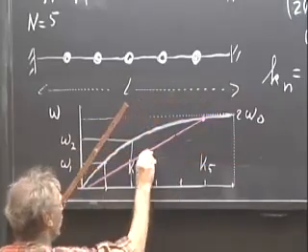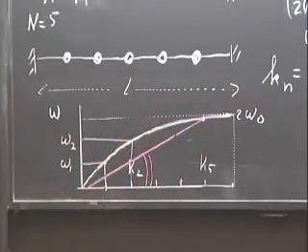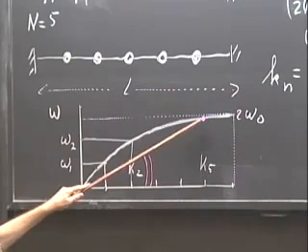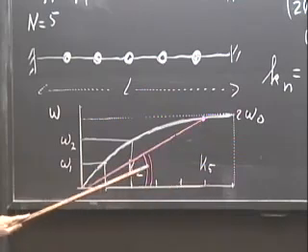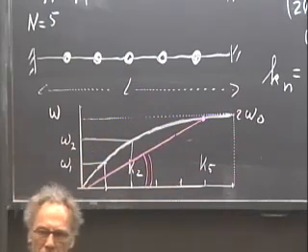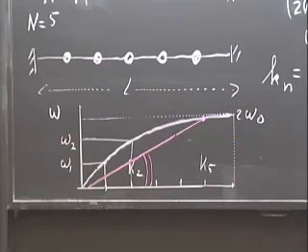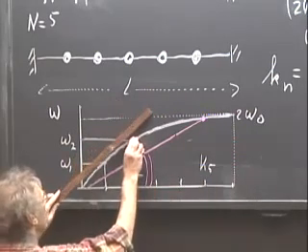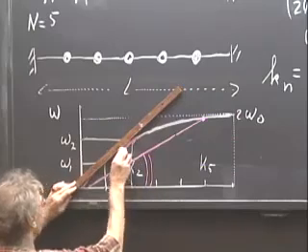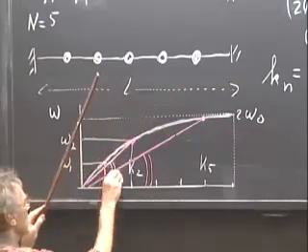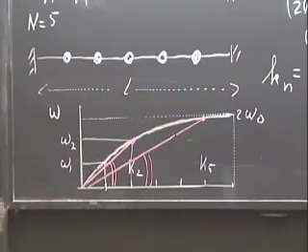and then this angle is a measure for the speed of propagation, because the speed of propagation is omega divided by k. So omega divided by k, the slope, is a measure for the propagation speed. And you see that if I go to this point here, and I draw this line, that the slope is larger, and so the speed is larger.